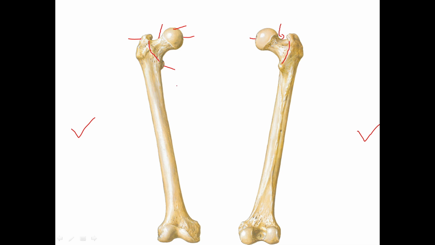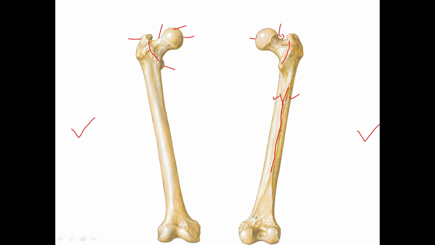Besides that, we can see here, posteriorly, a very prominent marking. We call that the linea aspera, and it has two lips here. The medial side one we call the medial lip, and the lateral side one we call the lateral lip of the linea aspera.